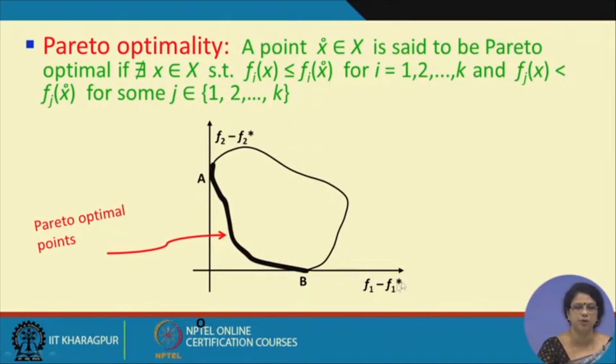All the points are equally acceptable to me. That is why mathematically it is termed: a point x0 is said to be Pareto optimal if there does not exist any other x such that fi(x) is less than or equal to fi(x0) for i equal to 1 to k, and for at least one j between 1 and k, fj(x) is less than fj(x0).